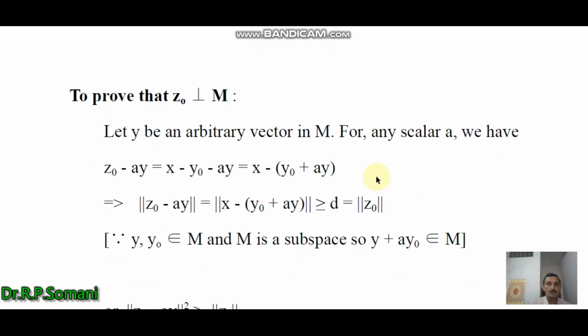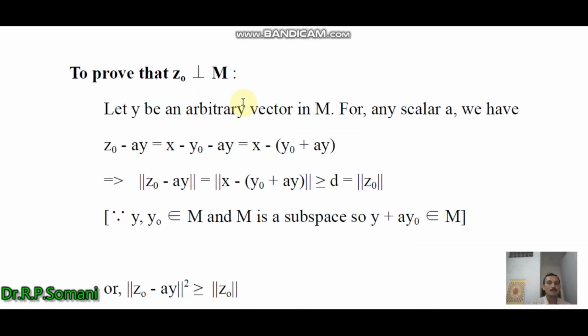And now the last condition for this theorem, to prove that z0 is orthogonal to M. Let y be any arbitrary vector in M. For any scalar a, we have z0 minus ay equals x minus y0 minus ay, which equals x minus (y0 plus ay).